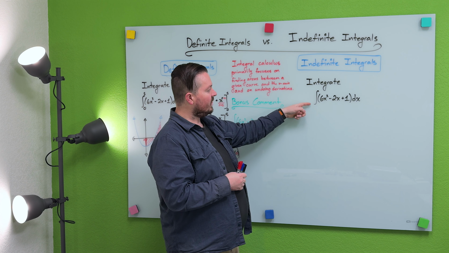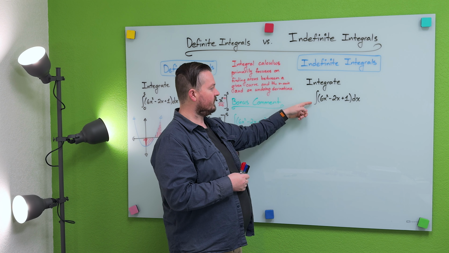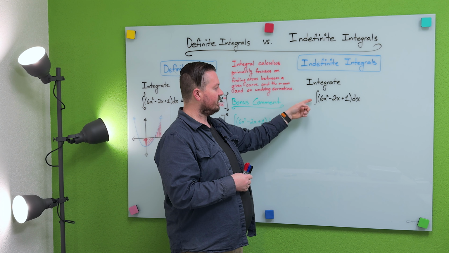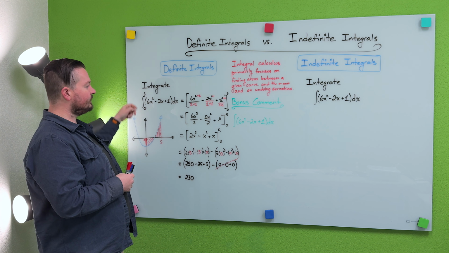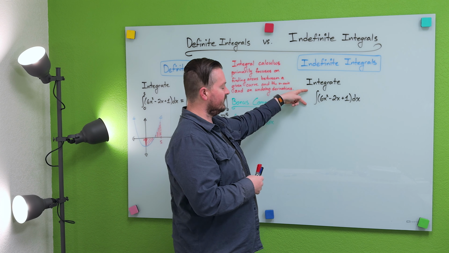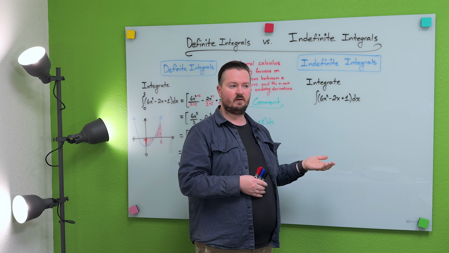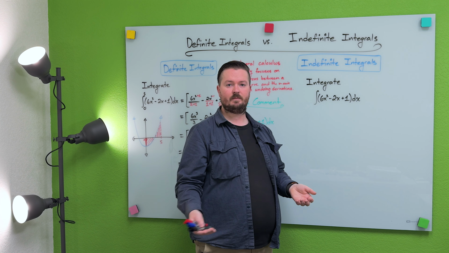If you don't have numbers by the integral sign, which are called limits of integration, then this is called an indefinite integral, and literally we just want to find the antiderivative and then we're done.